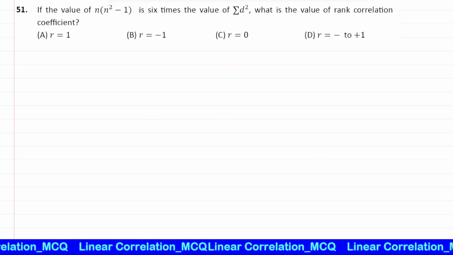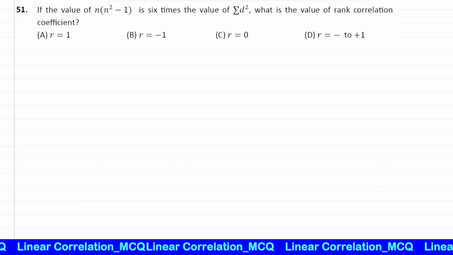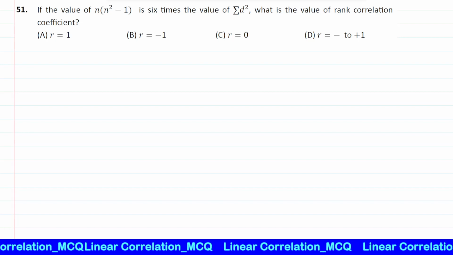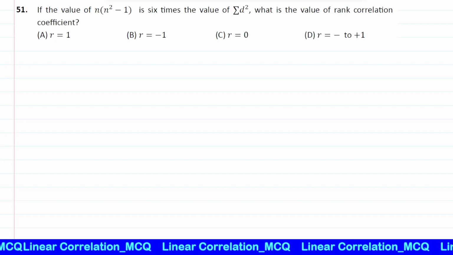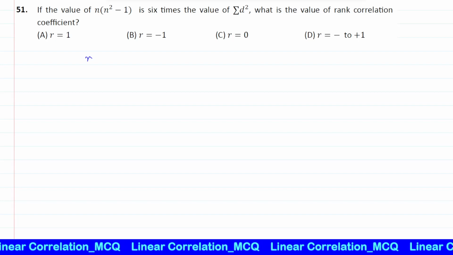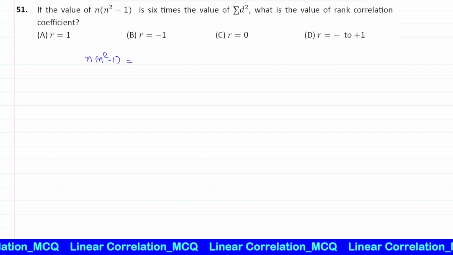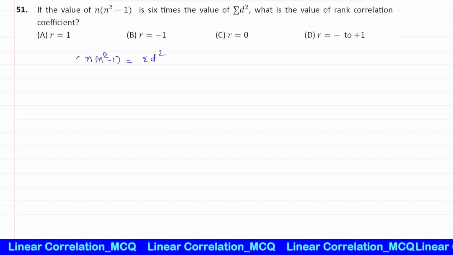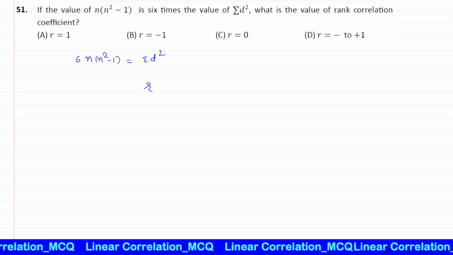Question number 51. If the value of n square minus 1 is 6 times the value of sigma d square, what is the value of rank correlation coefficient? What is the formula of R?